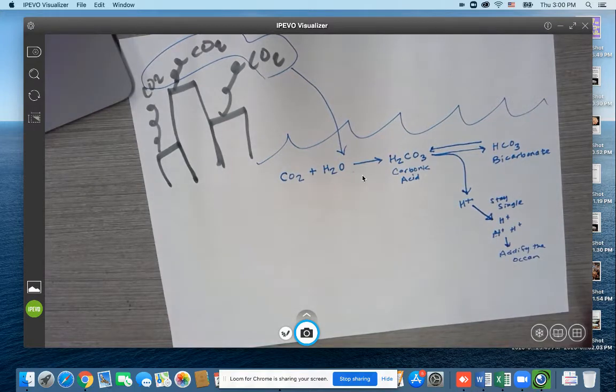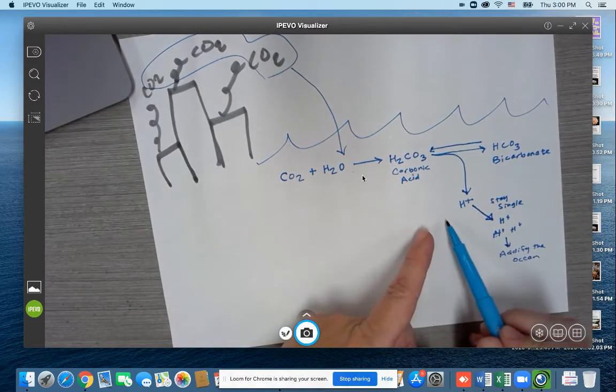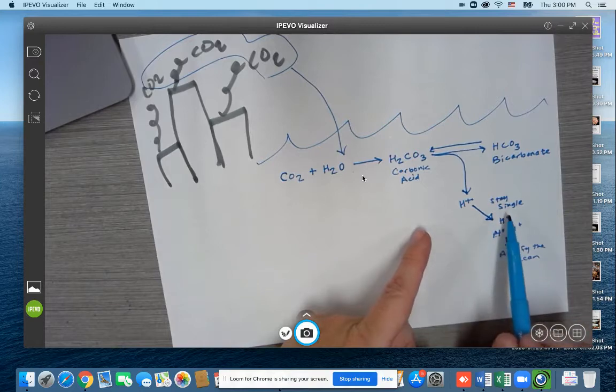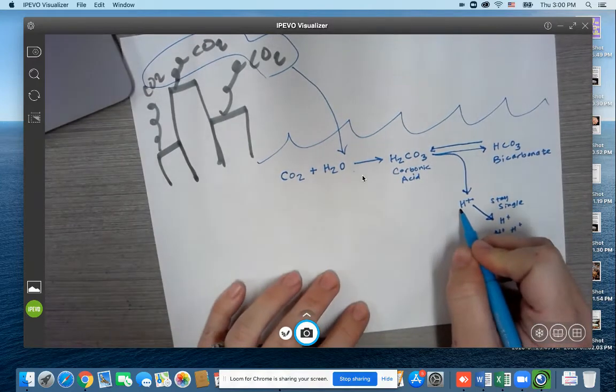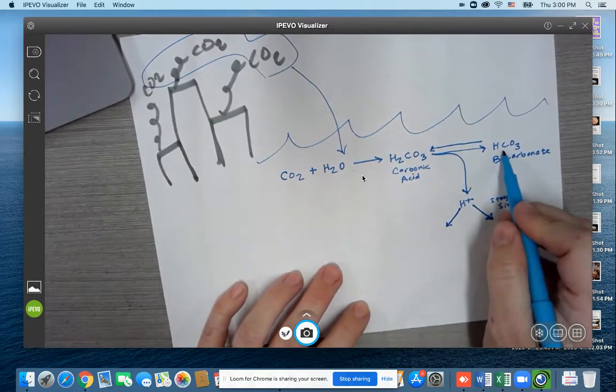Okay, guys, you might be annoyed, but this analogy is just going to keep going. It's going to stay single, or it's going to steal someone else's carbonate. So it's going to stay single, or it's going to get in a relationship with someone else's significant other. All right, that significant other is carbonate.